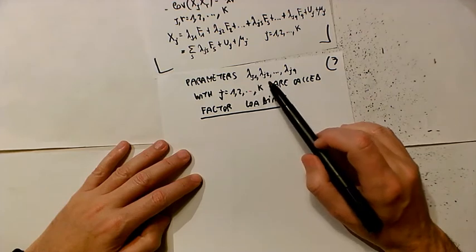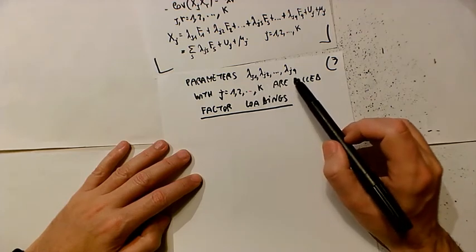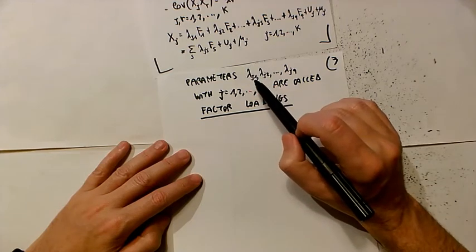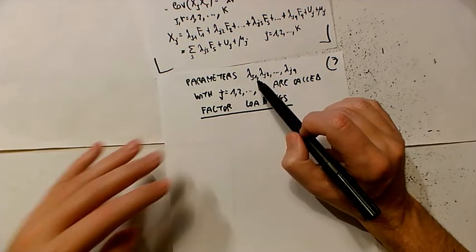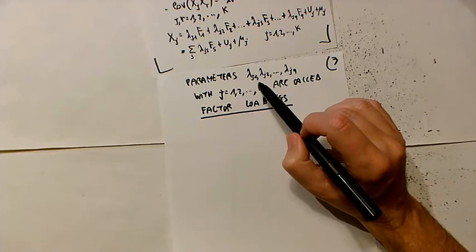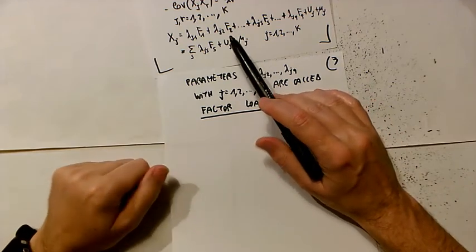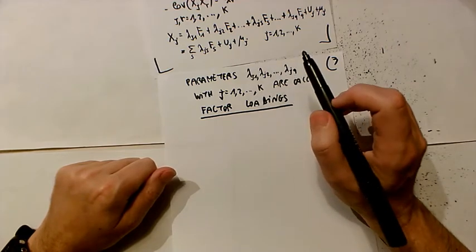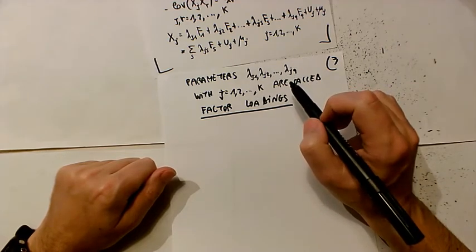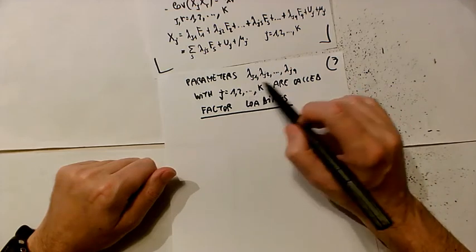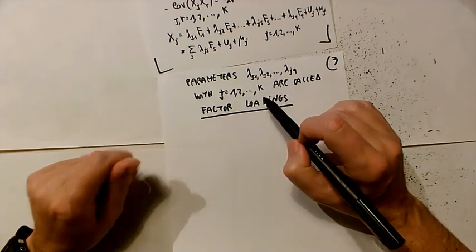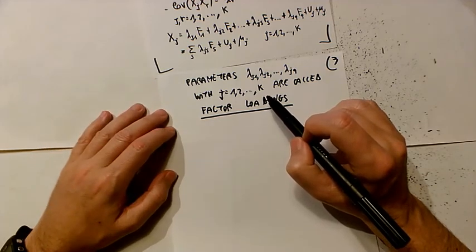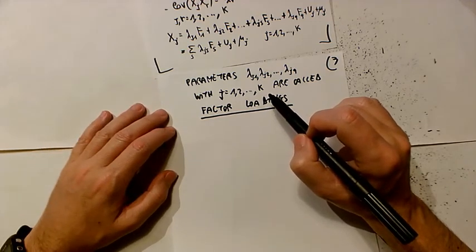So the factor loadings lambda j1, lambda j2, lambda jq are the coefficients of the linear combination where the jth response variable xj is expressed as a linear combination of the factors f1, f2, fq. So the loadings are the coefficients concerning xj.